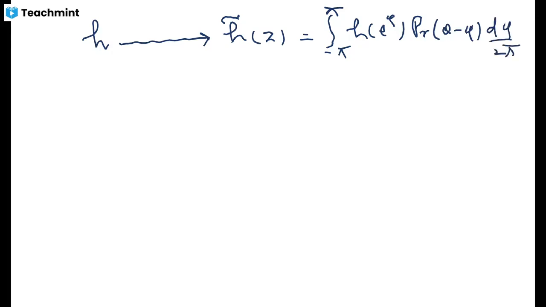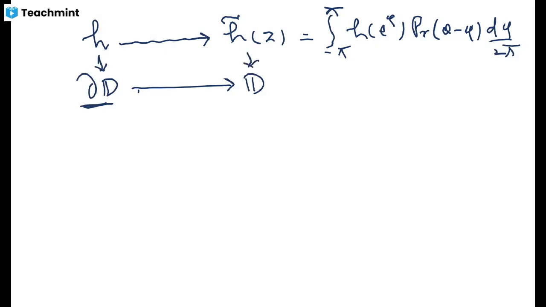So corresponding to every continuous function h defined on the unit circle, we have been able to construct a harmonic function on the unit disk.